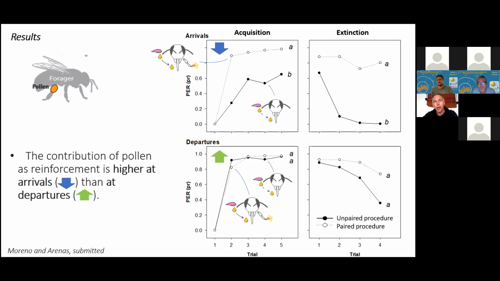That's why it learns better. So I think that both pieces of information, less sensitivity to sucrose at arrival but high sensitivity to pollen at arrival, make the mixture that allows the foragers to direct their preferences toward pollen.